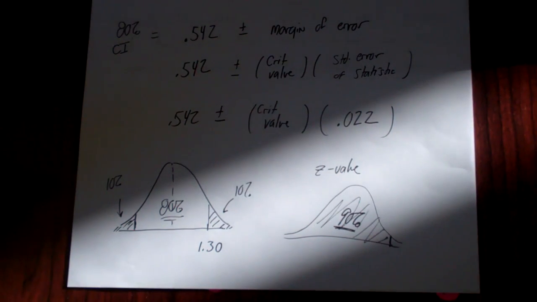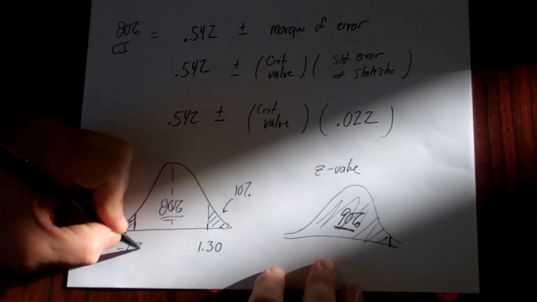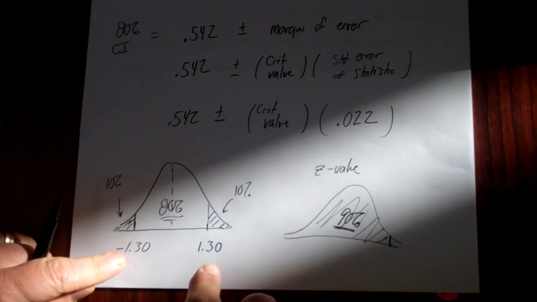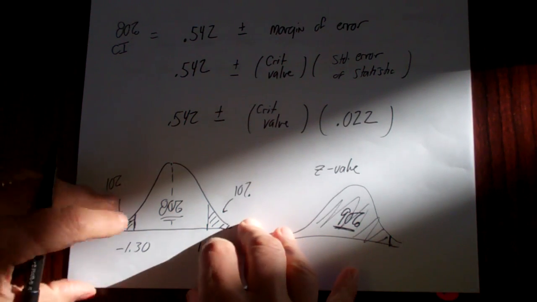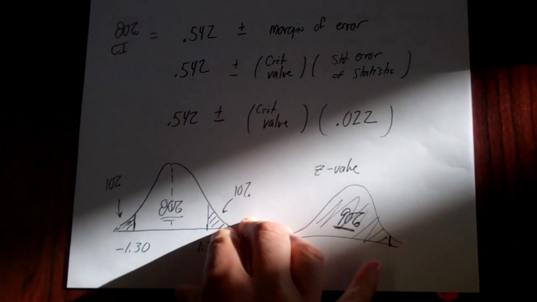It looks like to me about the same, 1.3 here. So your critical value is 1.3 or minus 1.3. Since you're doing one plus or minus, it doesn't matter if you use the positive or negative.